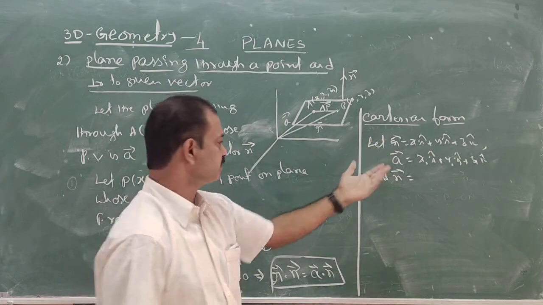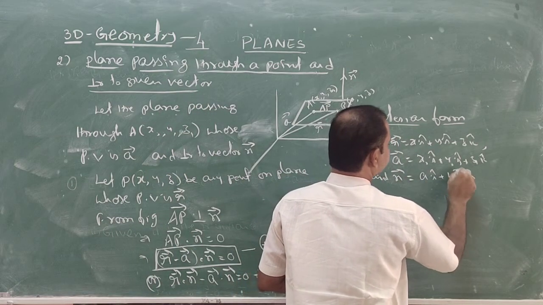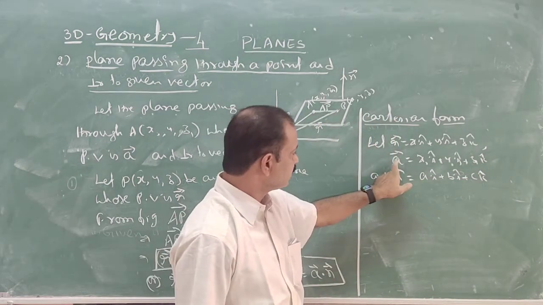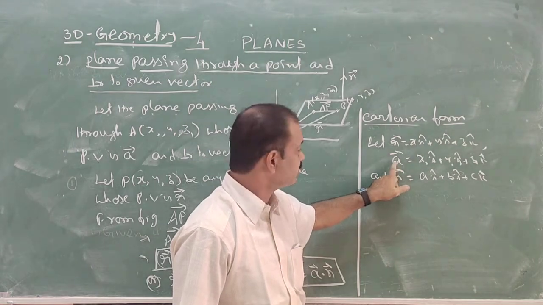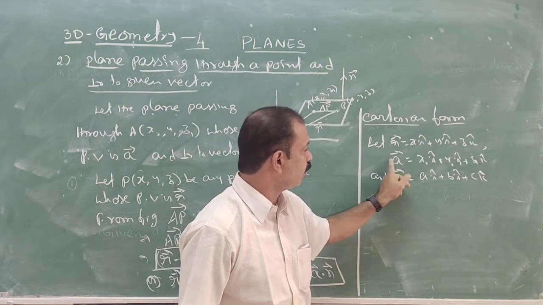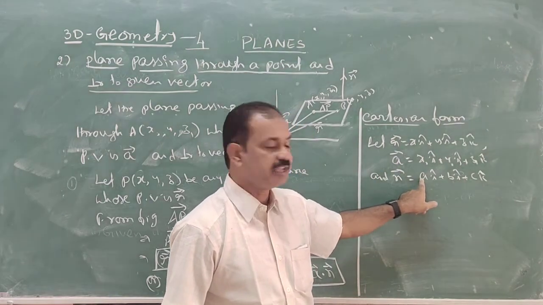You can take the DRs as a, b, c. So that is ai plus bj plus ck. Don't be confused. This is a vector, a position vector, whereas here it is a scalar. So these two are not the same. It's a vector and here it is a scalar quantity.